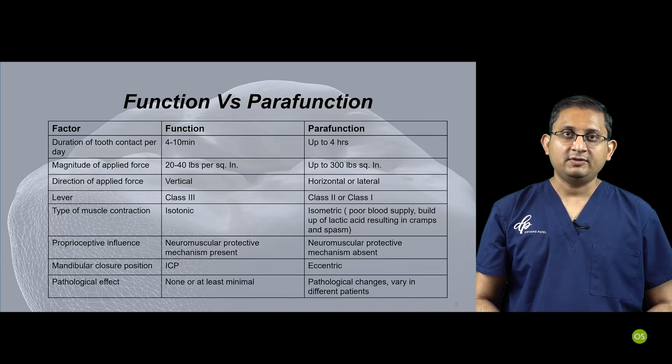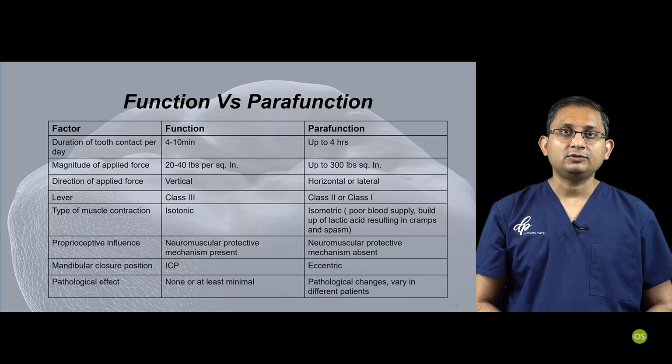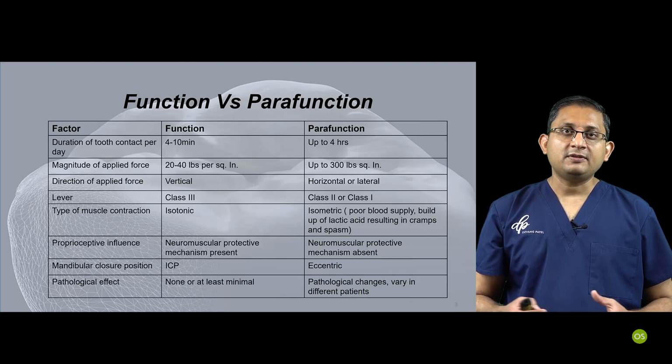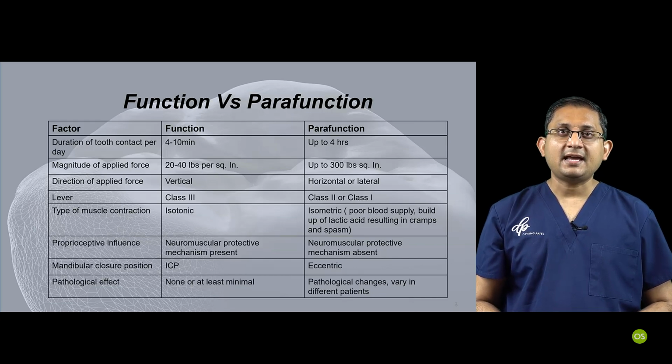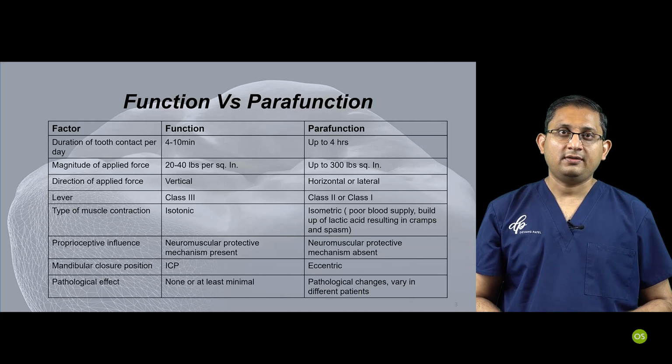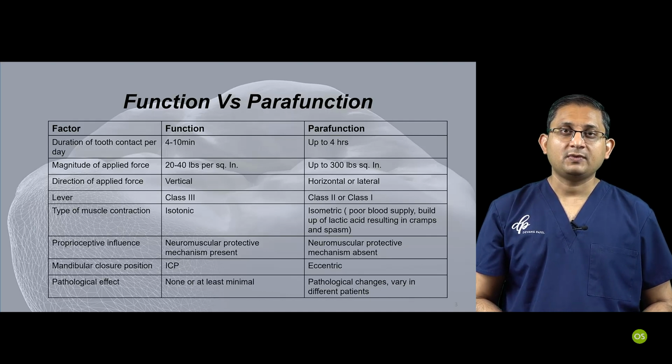However, as we will discuss later in the lecture, the use of the splint is not limited just to people who parafunction. There are other uses as well. So let's look at this table again. As you can see in the table, when someone is parafunctioning, they are contacting their teeth 10 times longer than people who are not parafunctioning.